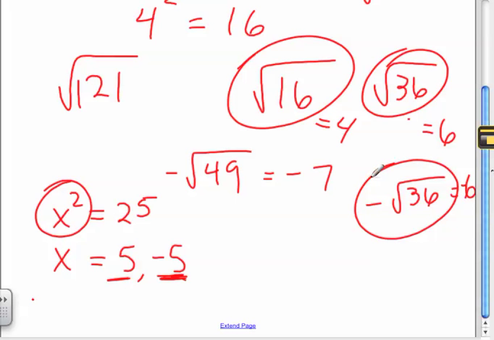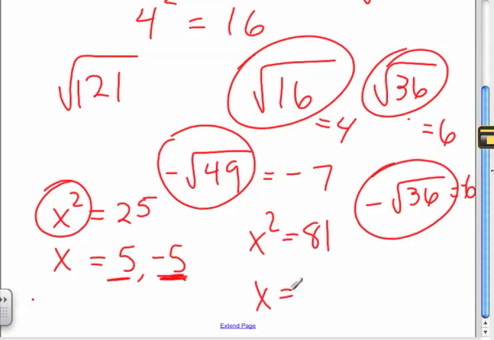Give me negative root 49. But when there's a variable, I have to give both possible values. So x squared is equal to 81. What is x, Fritz? 9 or negative 9. Beautiful, Fritz. That's called learning. Good job.